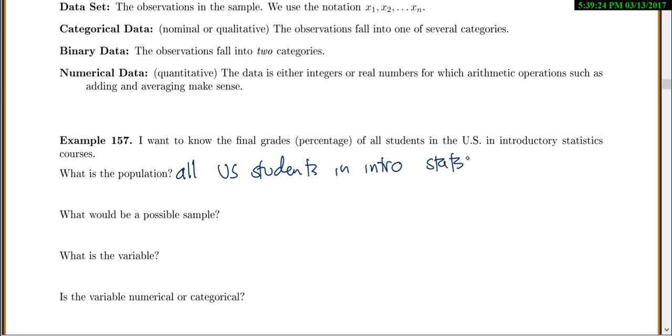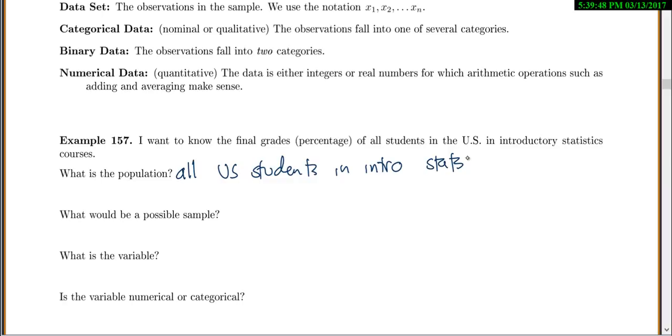So what would be a possible sample? Now there's not a correct answer on this because you could say quite a few different things. But we do want to make sure any samples we pick would be random samples. And so then just kind of pick how many people you might want to talk to. All of them.